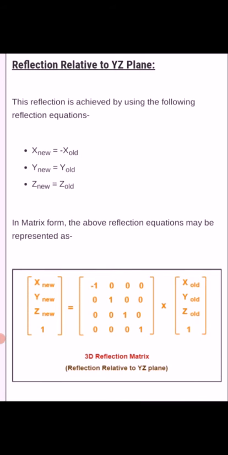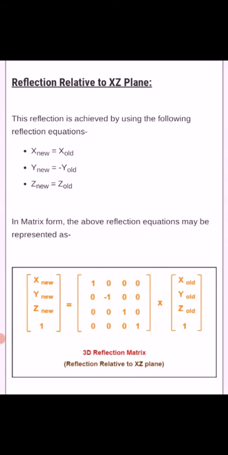So for reflection relative to yz, there will be no change in the yz coordinates. That is, y new equals y old and z new equals z old. So there will be a difference in the x coordinate. X new will be minus x old.